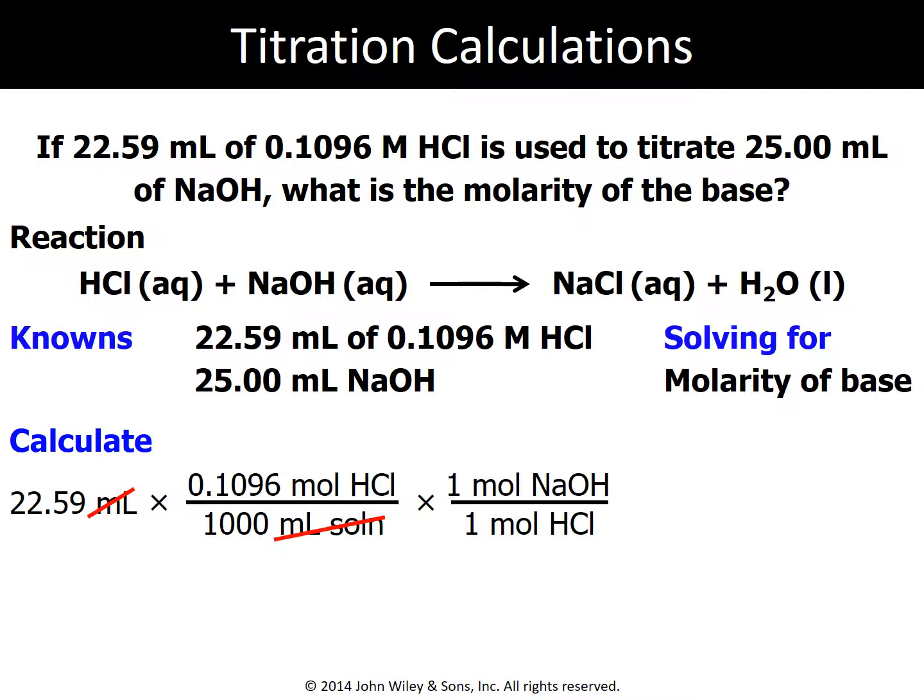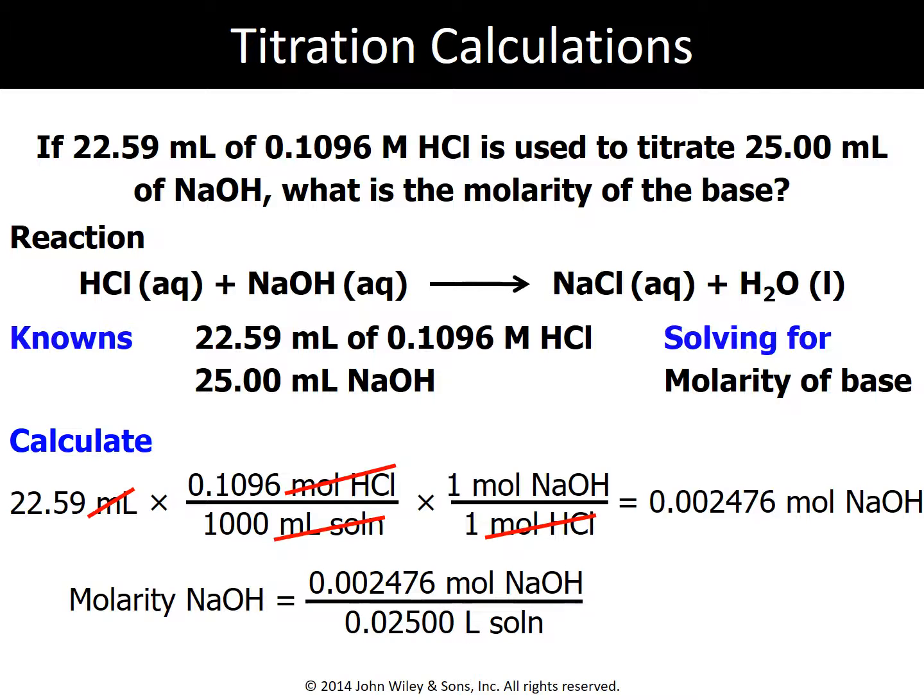We multiply by our 1-to-1 ratio, and that tells us we need 0.002476 moles of NaOH. Again, we look back at the question, which gives us the volume of the base. We then take moles over liters. Notice we converted our 25 milliliters into liters, giving us 0.09903 molar NaOH.